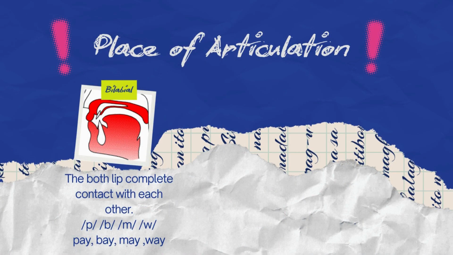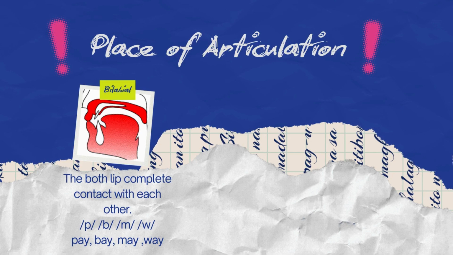The first place of articulation is bilabial. It's when both your lips come together and create a sound. The consonants of bilabial are p, b, m, and w. For example, pay, bay, may, and way.